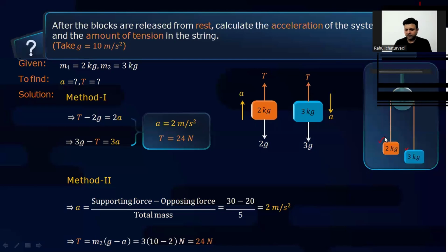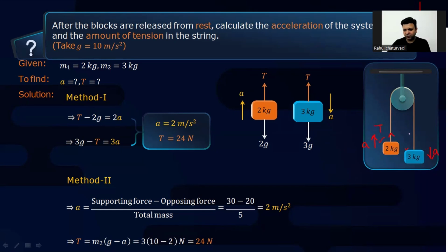Okay, since we know that 3 kg is bigger than 2 kg, you can say here that this 3 kg block will move in the downward direction and the 2 kg block will move in the upward direction with the same acceleration. So without forming the equation, how can you solve it?